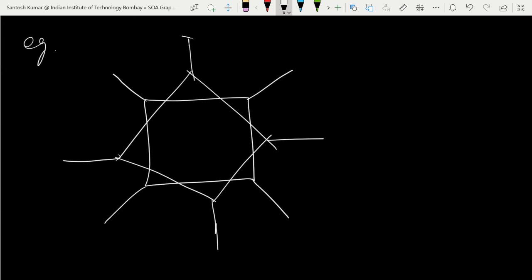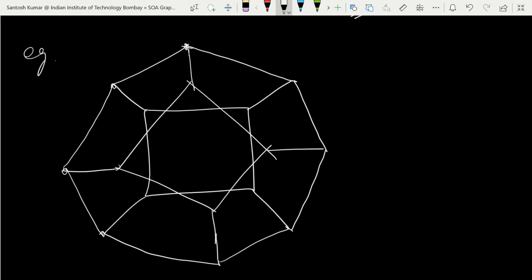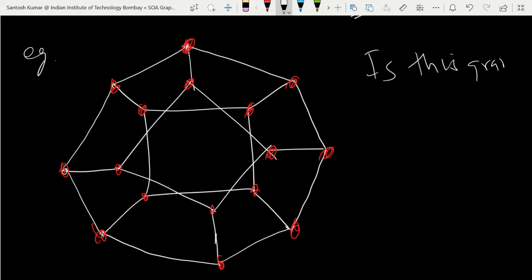Now you join it all. So how many vertices do you see? 1, 2, 3, 4, 5, 6, 7, 8, 9, 10, 11, 12, 13, 14, 15, 16, right? That's all. So the question is, is this graph Hamiltonian?